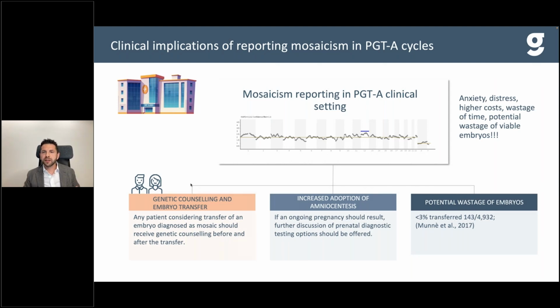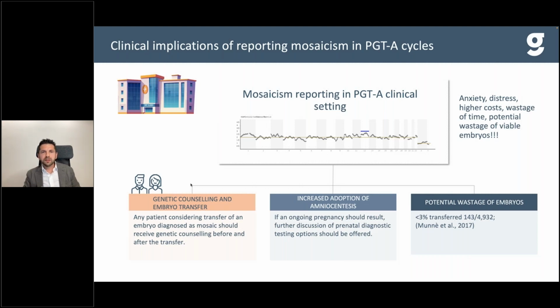This will generate a course of actions, such as going through an additional session of genetic counseling in order to evaluate whether or not to transfer these embryos, and they will also experience for sure higher anxiety, distress, and higher costs associated with this procedure.